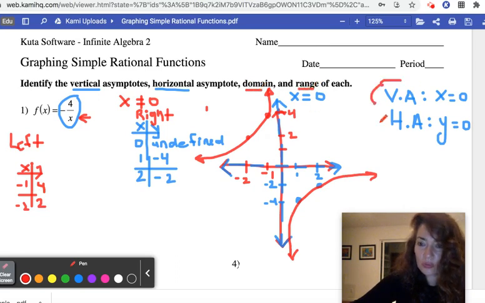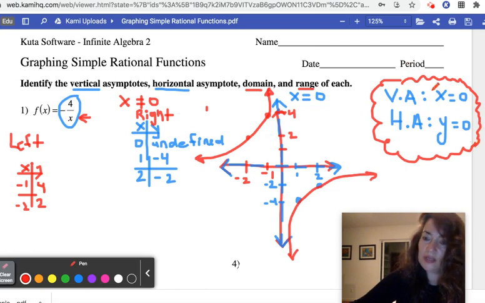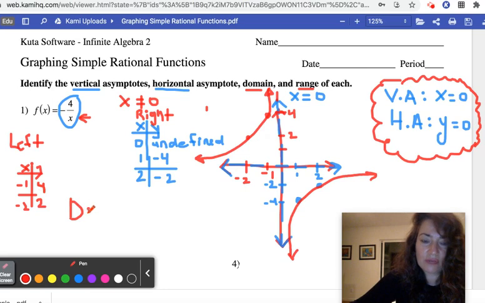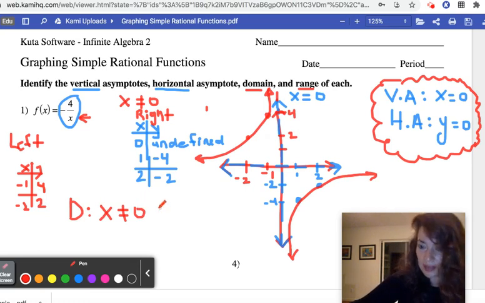The vertical and horizontal asymptotes actually help you determine the domain and range, because we said that x cannot equal 0, which is the vertical line that we have here, which means that the graph will never reach x equals 0. So our domain, if we set it very simply, we can say all real numbers where x cannot equal 0. So it could be any number in the whole wide world that's a real number except 0.